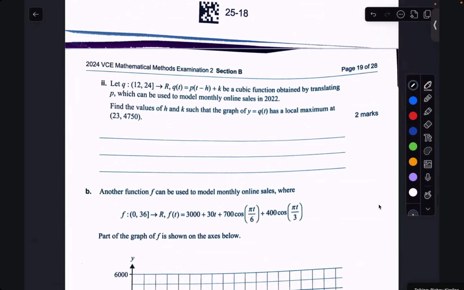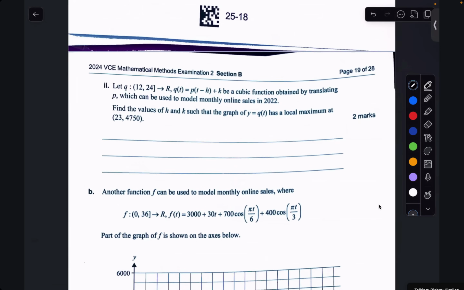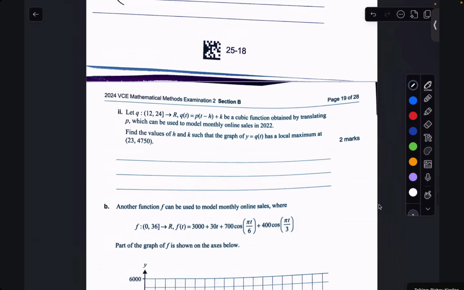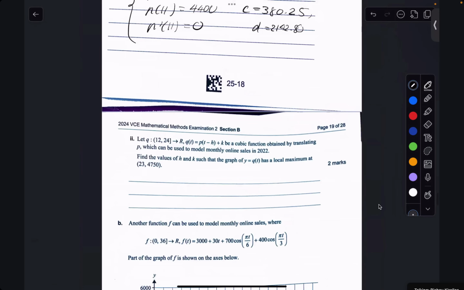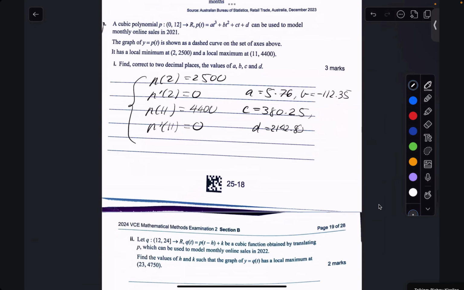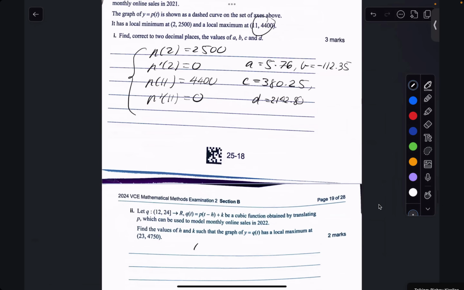Find the values of H and K such that the graph of y is equal to Q of t has a local maximum at 23,4750. So the local maximum was initially at 11,4400, and that's now become 23,4750. I don't know why they're just asking the same questions over and over again.